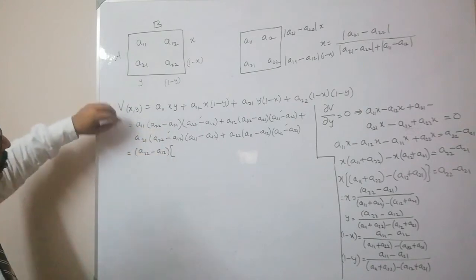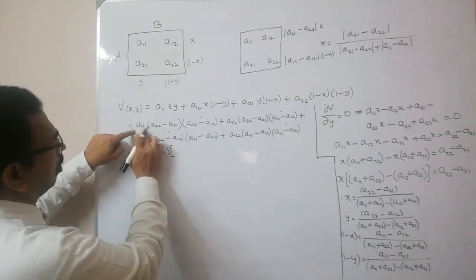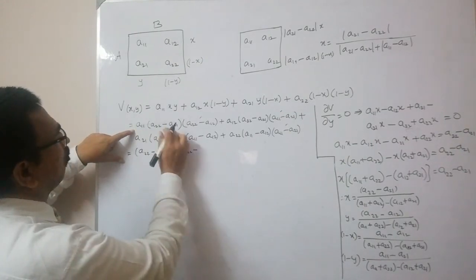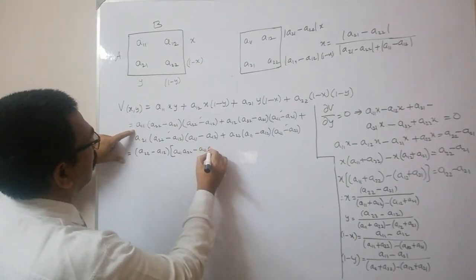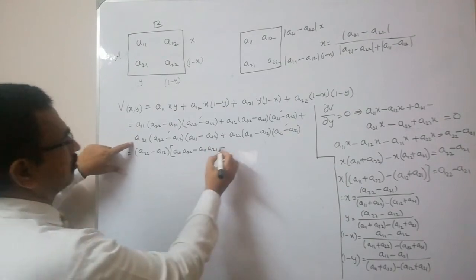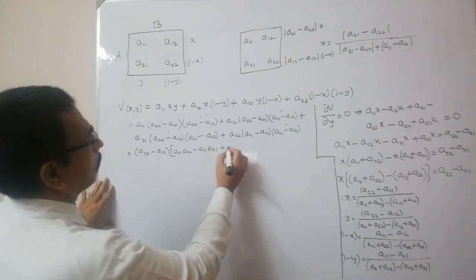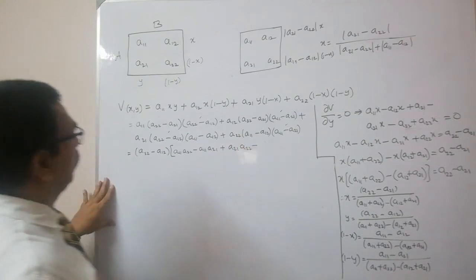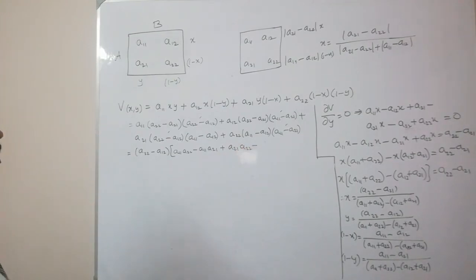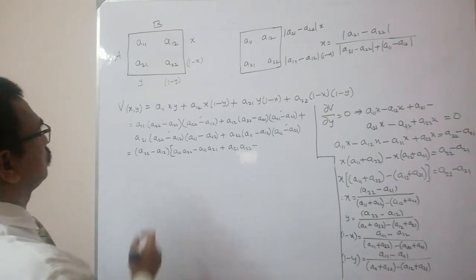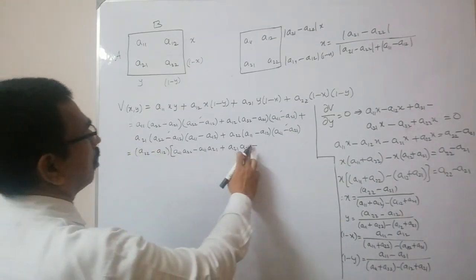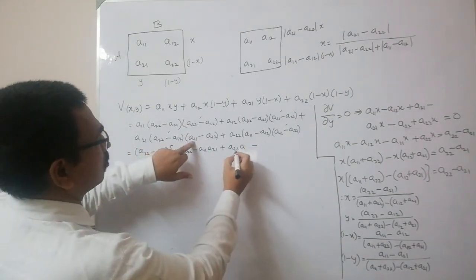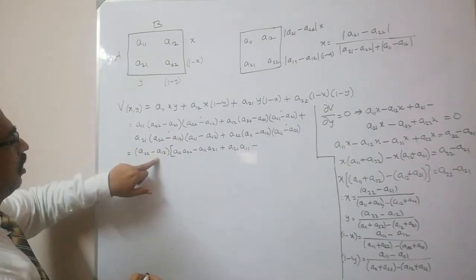in these two terms, a11 a22 minus a11 a21 plus a21 a22 minus a21 into a11, because we are taking this as a common factor out.